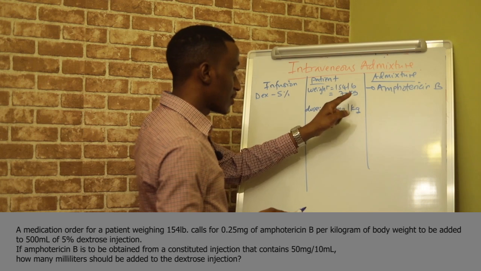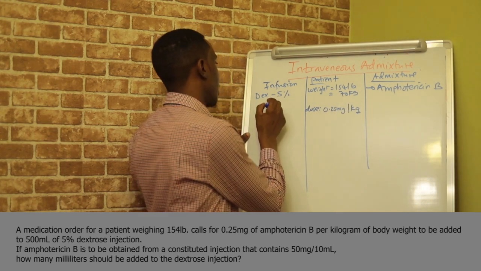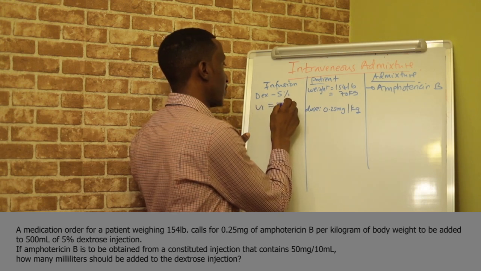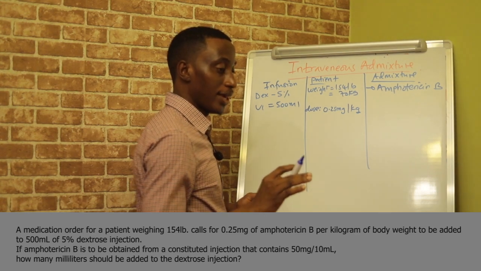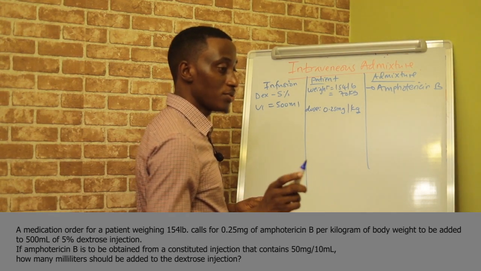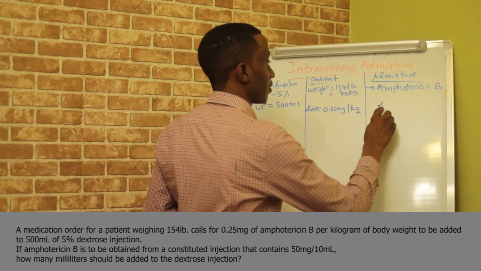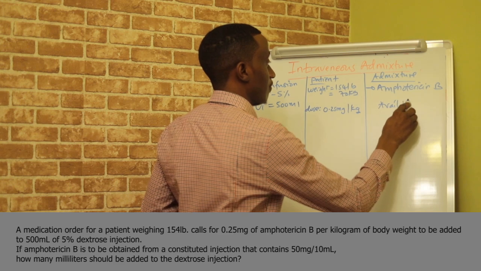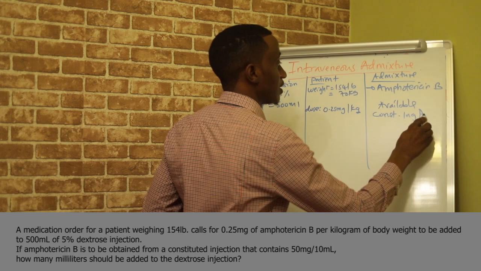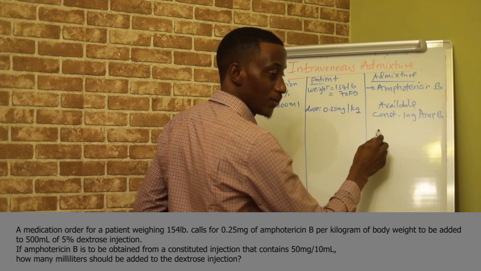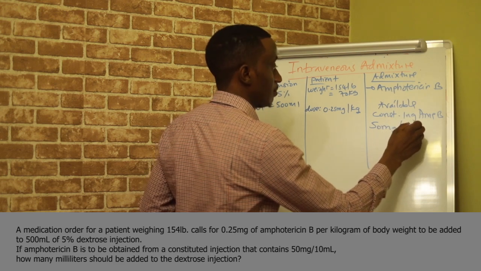After calculating the required amount of dose, it should be added to the infusion, which is 500 ml of dextrose infusion. If amphotericin B is to be obtained from a constituted injection, we have available a constituted injection of amphotericin B with the following strength: 50 milligrams per 10 ml.